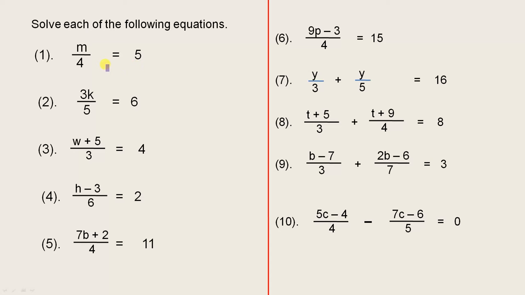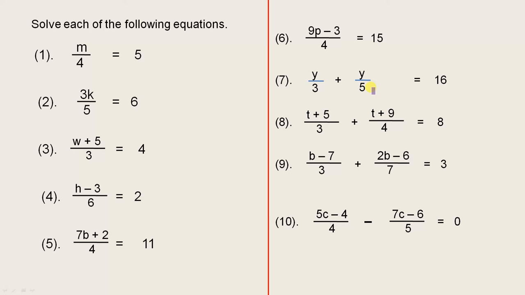And don't forget, what you do to one side of the equation you have to do to the other to keep the equation balanced. And it's exactly the same here. Multiply both sides of the equation by the denominator. That's the same that we do for those 5 there and also number 6. So the first 6 are very similar because there's only a single denominator.